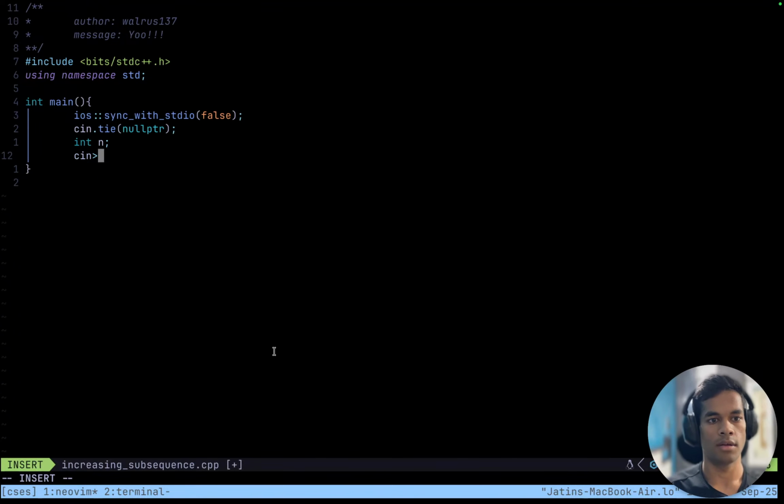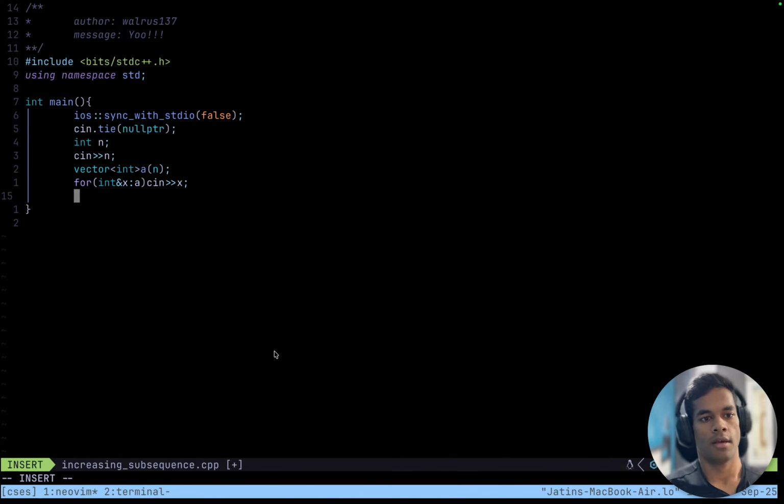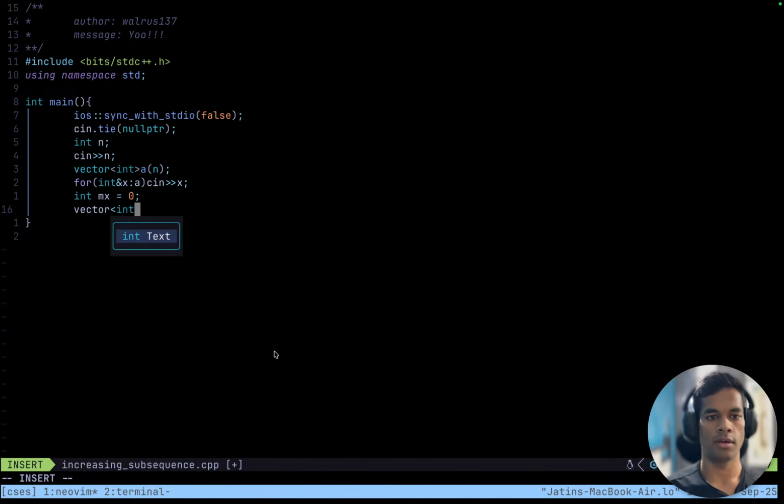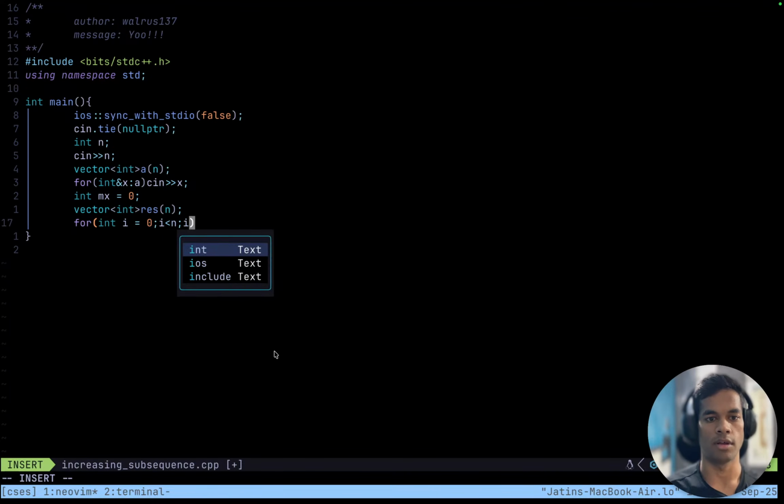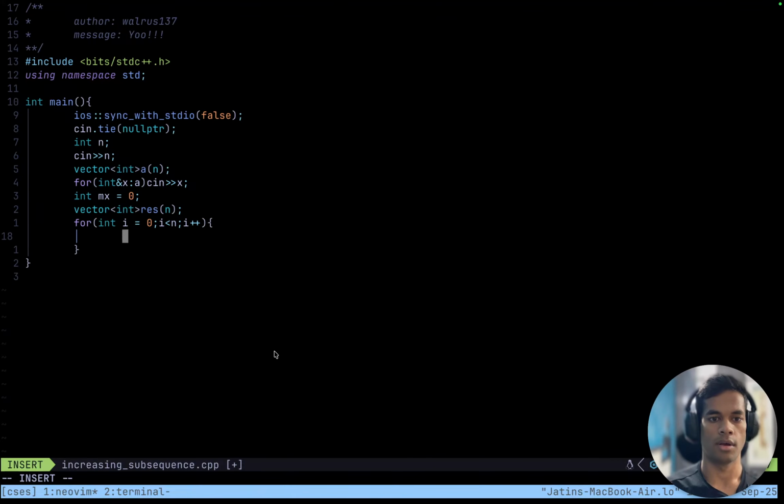Read n, vector int a of size n, for reference x in a, read x, and int mx equals 0, and vector int res of size n, and for int i equals 0, i less than n, i plus plus.